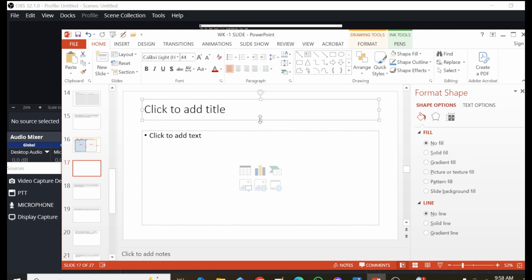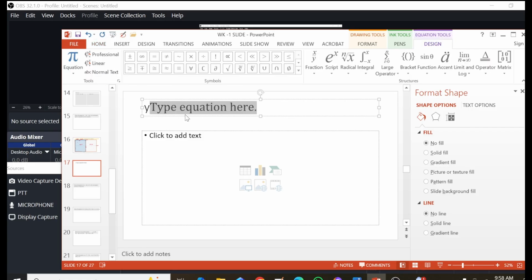Let's have a region like this. We want to draw a graph where y is greater than 0 or less than 0, and also the same y is greater than or equal to 0.